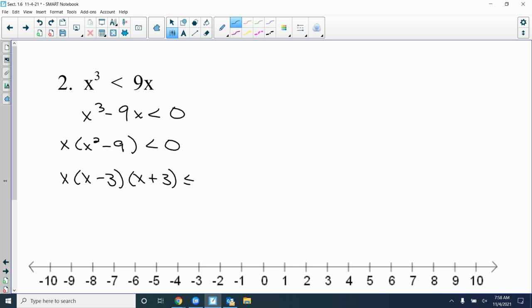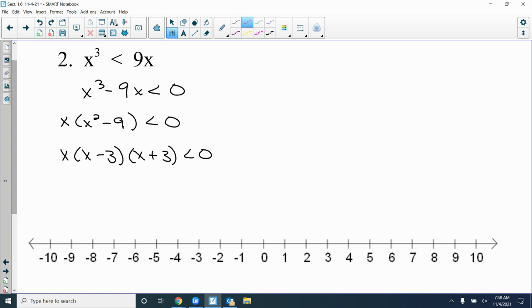Where will it equal 0? It's equal to 0 at x equals 0, at x equals 3, and at x equals negative 3. Those are your critical points. All right, so I'm going to plot those.